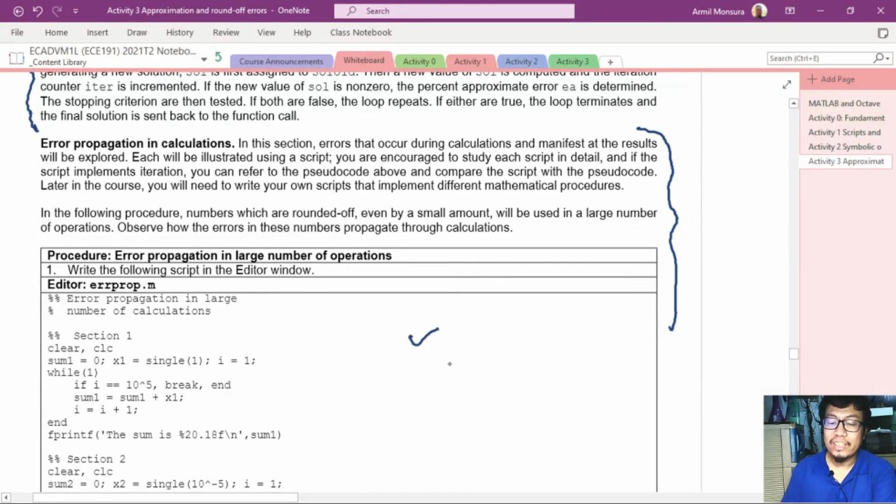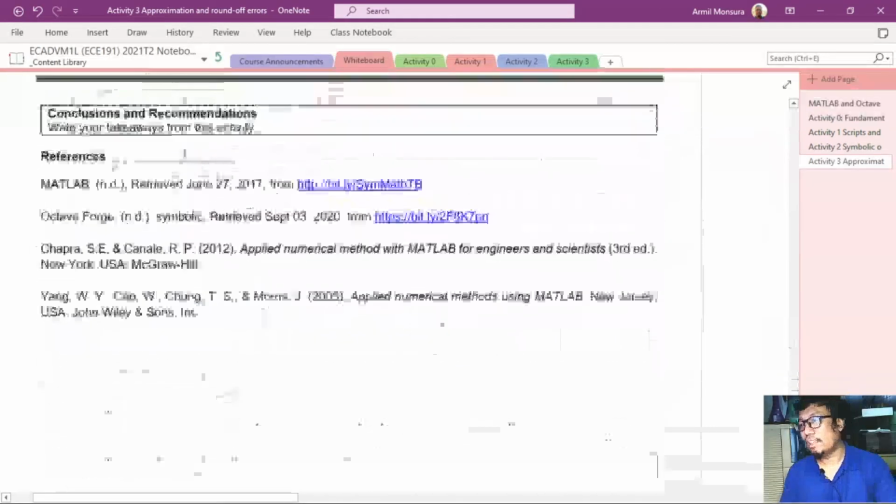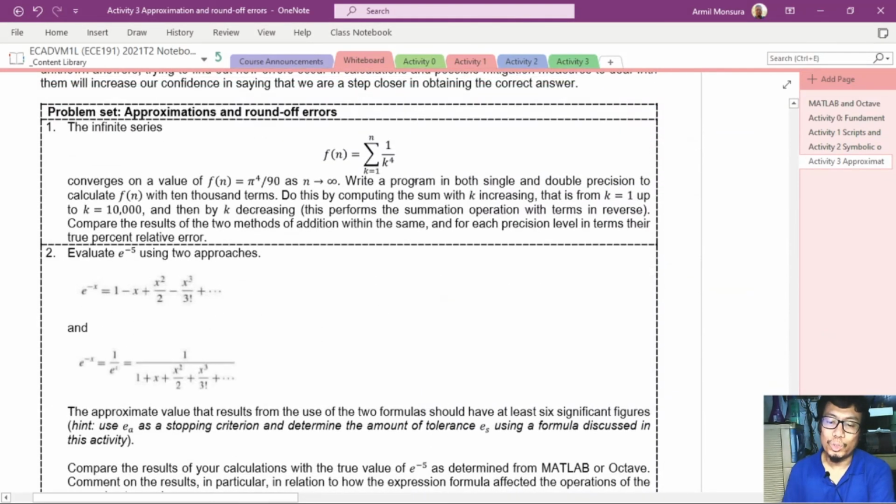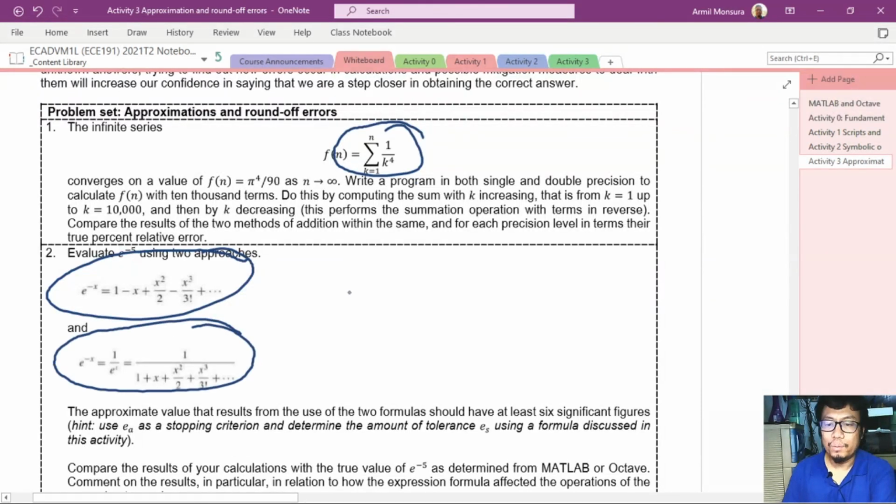Your task is to study those scripts, so that when it comes to this problem set, which requires you now to write iterative algorithms for infinite series, such as this one and this one, you would be well versed with how to write them. And actually, you can base the scripts that you would use here on the scripts that were given as examples in the previous parts.